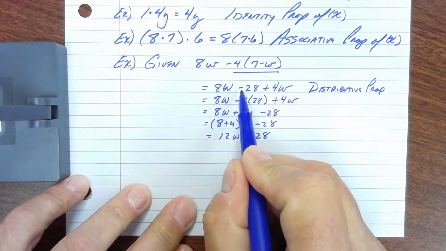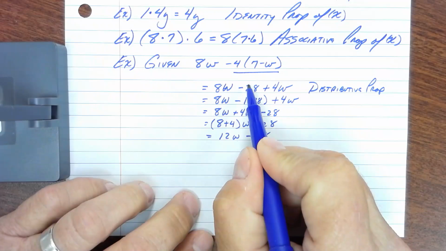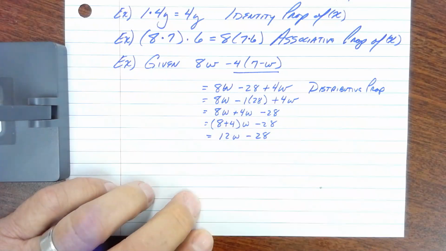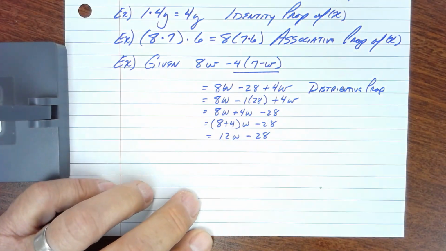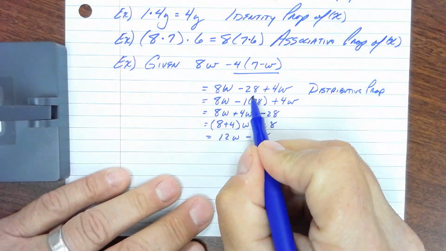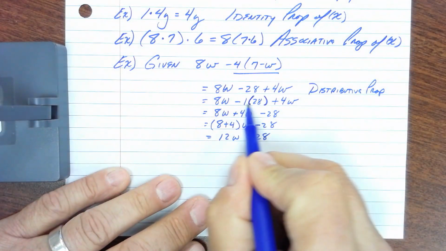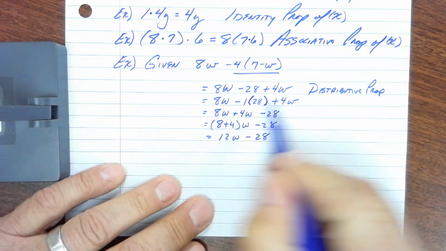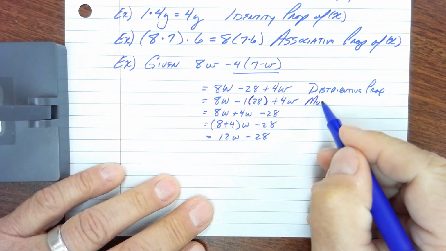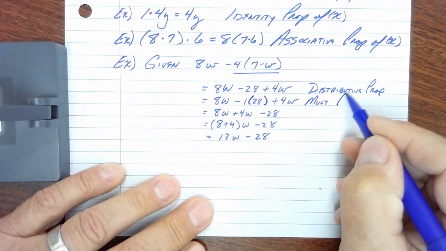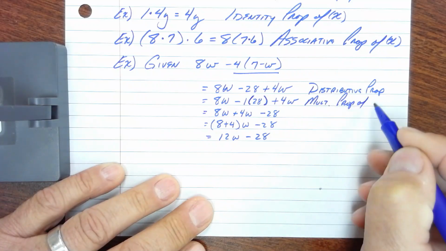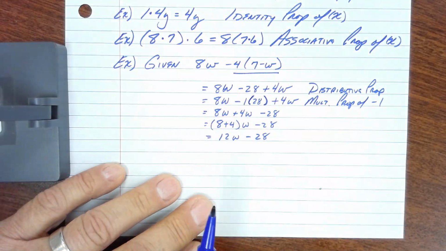And this minus sign, we're subtracting 28. And we know parentheses mean multiplication. So this is the multiplication property of -1.